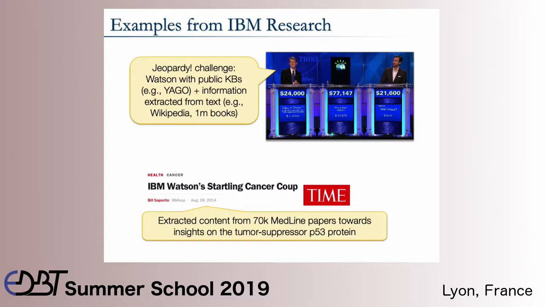This study was looking for other chemical and biological entities that were interacting with P53 and stimulating it, turning it on. It was considered a success. It achieved nice things in a short amount of time compared to the human hours, or human years, invested in these kinds of problems before.